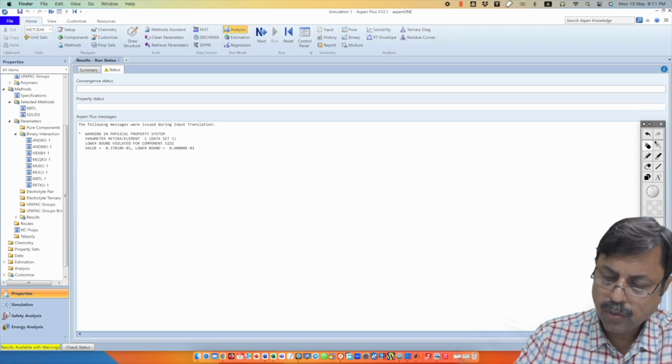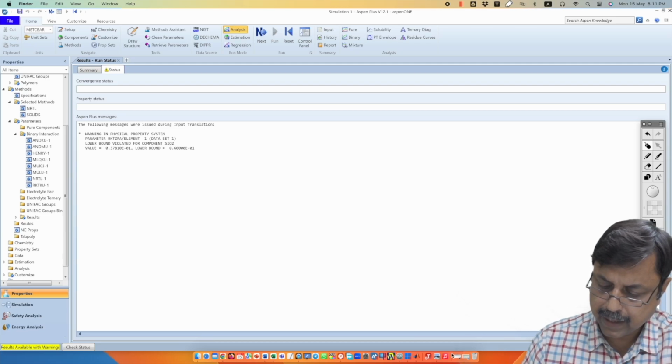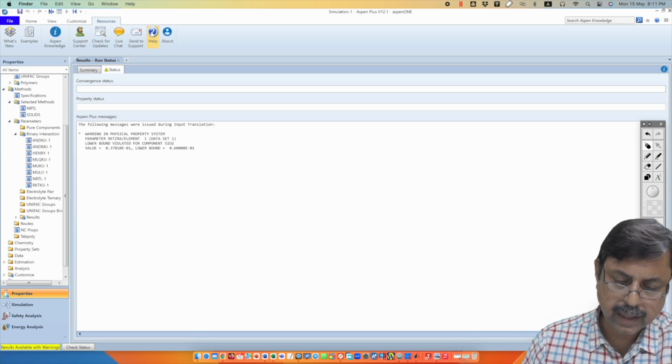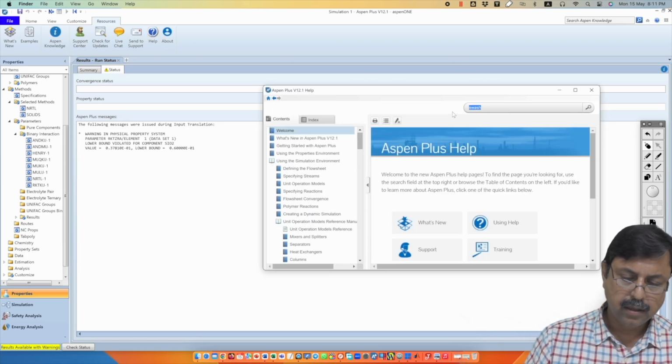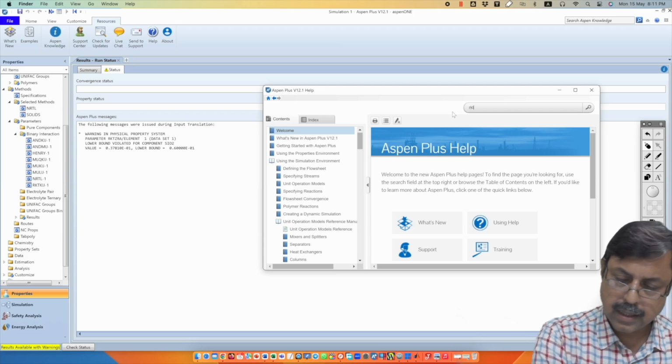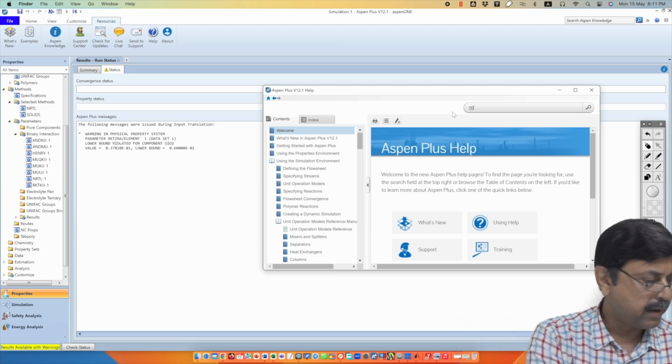For that, we have to check the Aspen help file to know it better. So we go to Aspen help, and here it is RKTZRA, right?